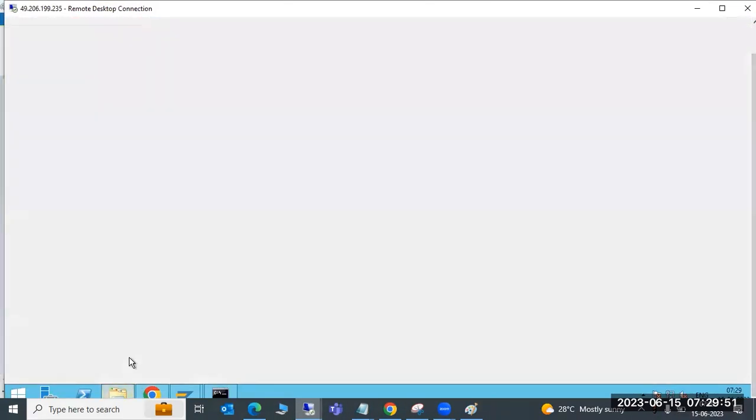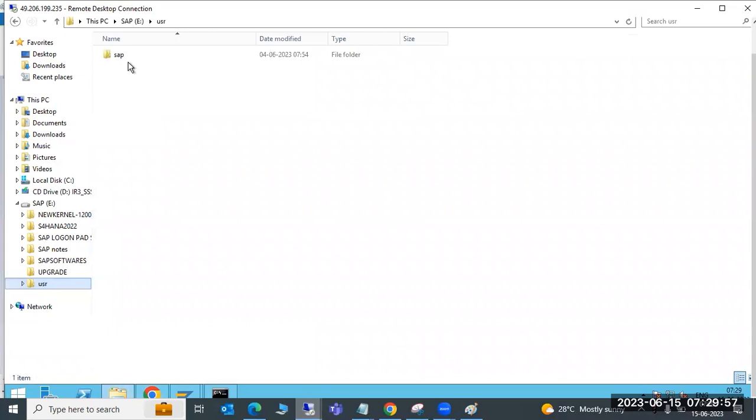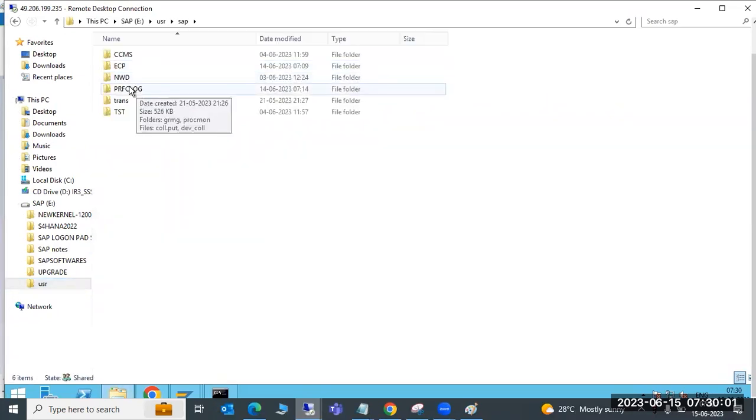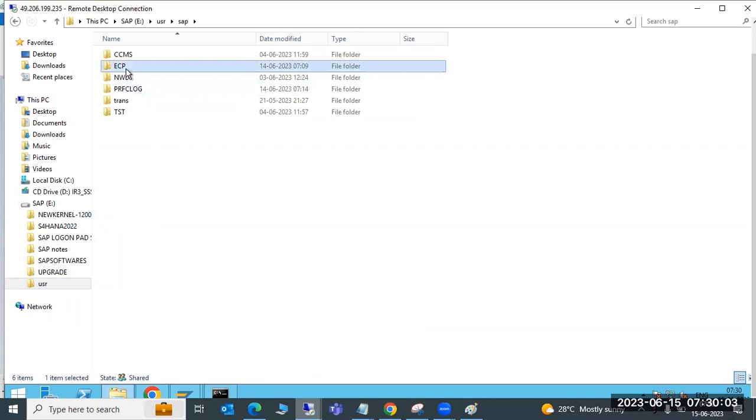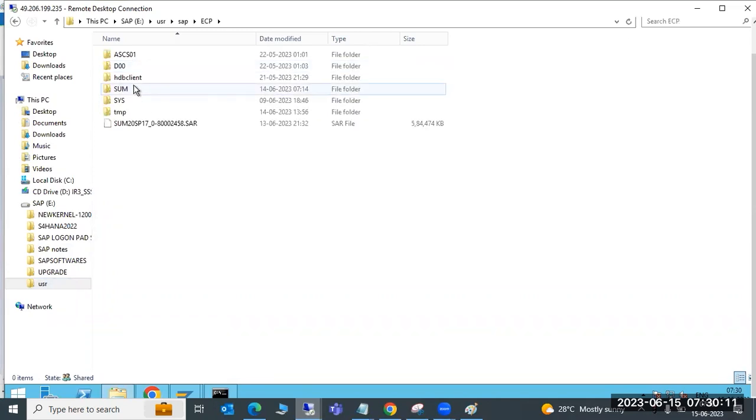When you extracted the SUM tool, a SUM folder was created under /usr/sap/SID. Under the SID you have the SUM folder, and under the SUM folder, ABAP and log.